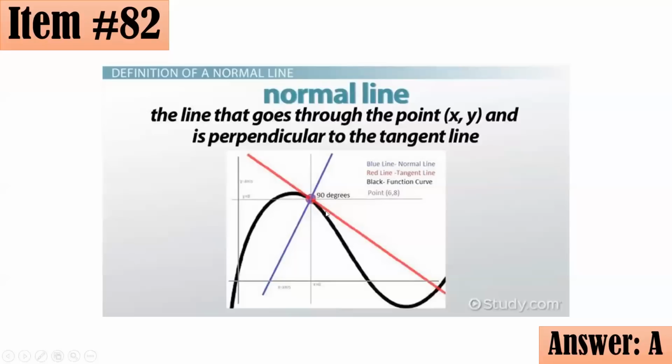So halimbawa po, yung red line na to. Ito po yung tangent line mo at a certain point sa isang curve. Kung i-draw mo naman po yung normal line will be perpendicular. So a tangent line and a normal line are perpendicular with one another. Letter A.